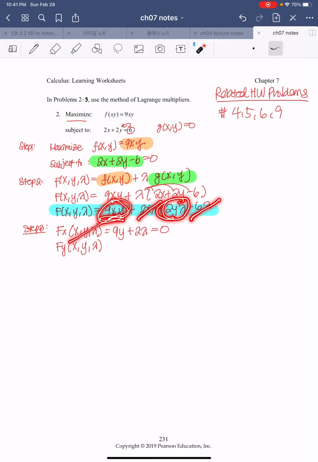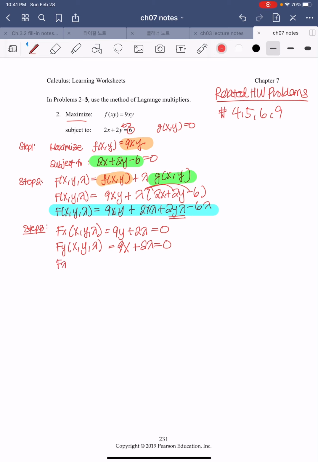So 9 times a constant, so constant, something constant times y, so 9x is my derivative. Plus, here, 2 lambda is my constant.